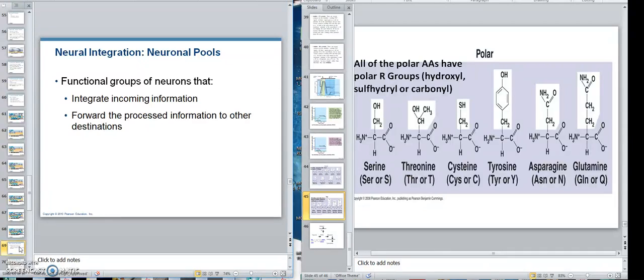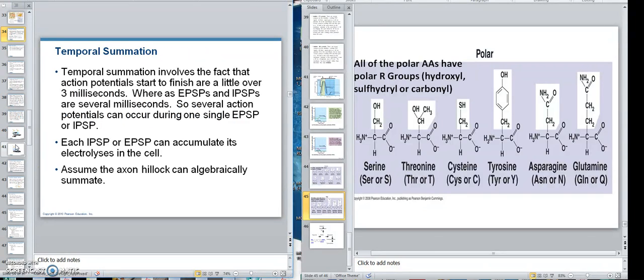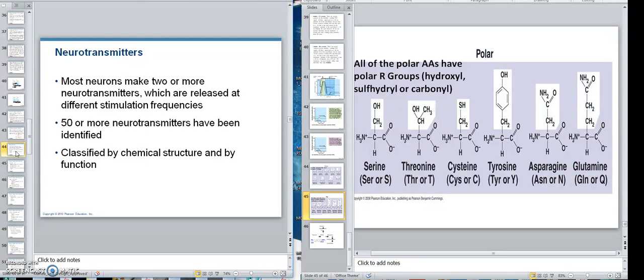Okay, so where we are now is neuronal pools, but let's just review real quick. So we've got several different kinds of neurotransmitter substances, right? Unlike in the old days with Dale's principle, we now know that a neuron can make several. In order for a neurotransmitter to work, whatever it's going to must have receptors.